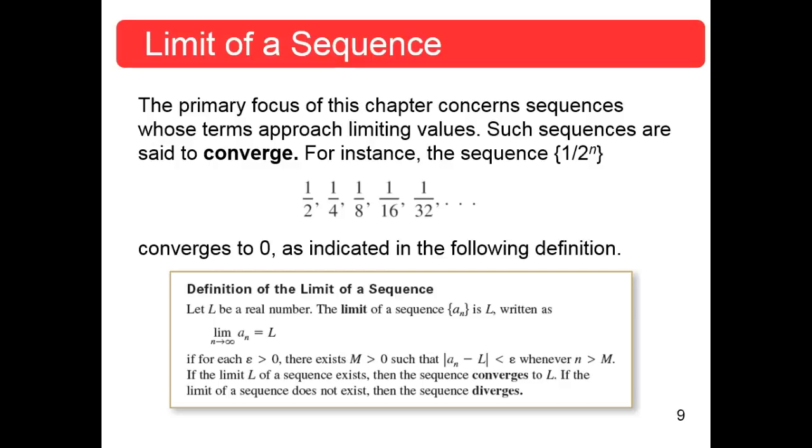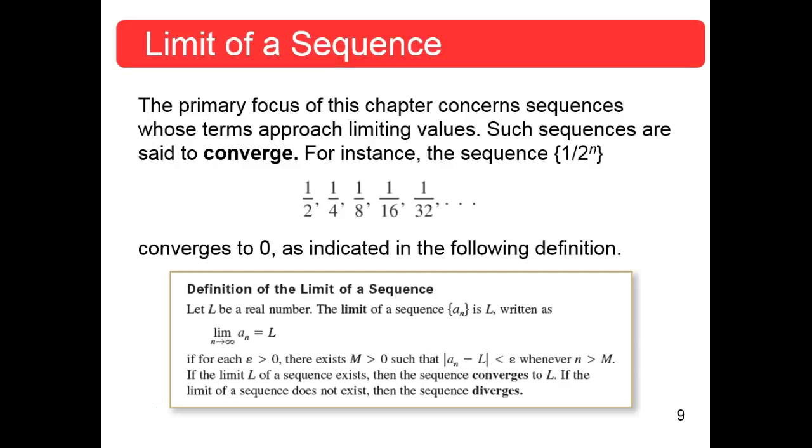And you've already noted I was pointing those out to you before. This doesn't seem to be converging anywhere, like 2, 4, 2, 4, 2, 4, or that last one, negative 5, negative 10, negative 15, it just keeps getting more negative. Such sequences are said to converge if they do approach some limiting value.